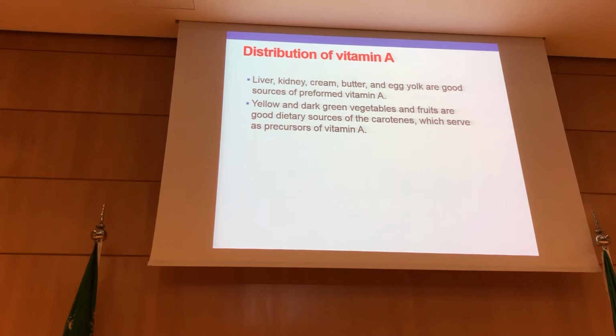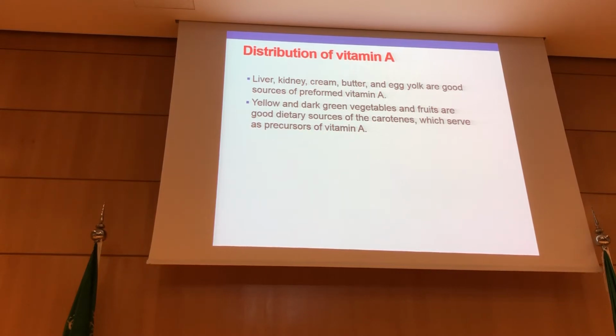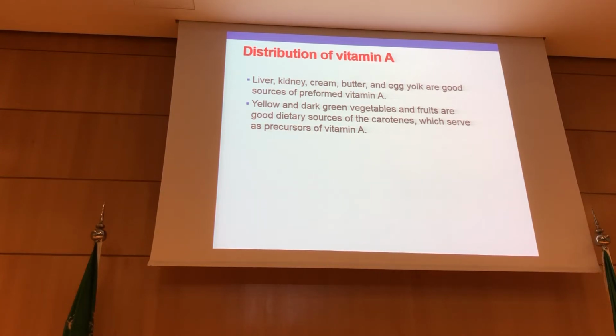When they first discovered vitamin A toxicity, they discovered it in people living in the North Pole because they were eating bird liver, and this liver contains a large amount of vitamin A. So these people were having toxicity with hypervitaminosis A. That's why, guys, we should never recommend that a pregnant woman eat a large amount of liver, because liver, especially as a source of meat, contains a large amount of vitamin A and it has a teratogenic effect. So never give a drug containing vitamin A and never allow a pregnant woman to eat a large amount of liver.